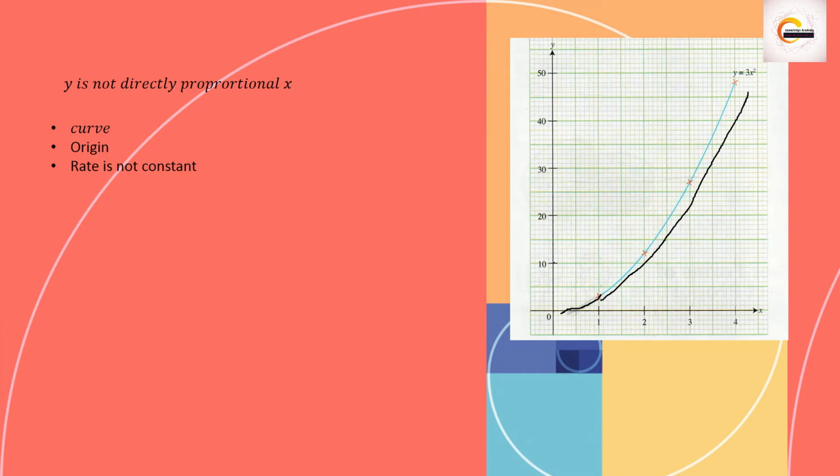And number three, in all the columns, the rate is not constant.